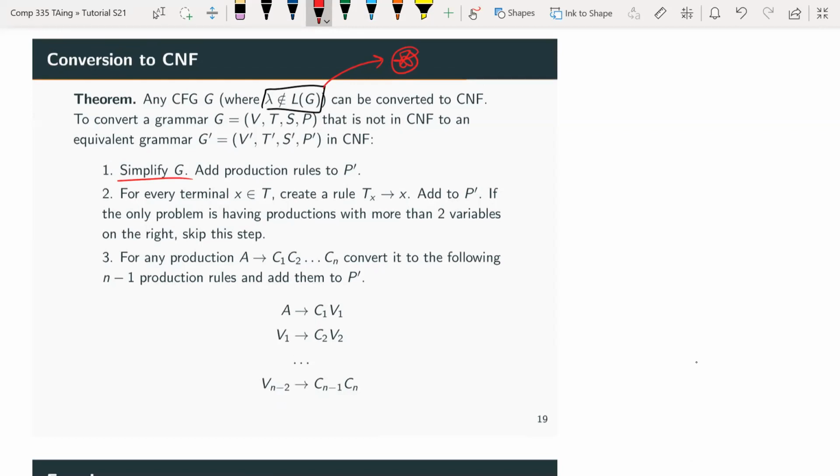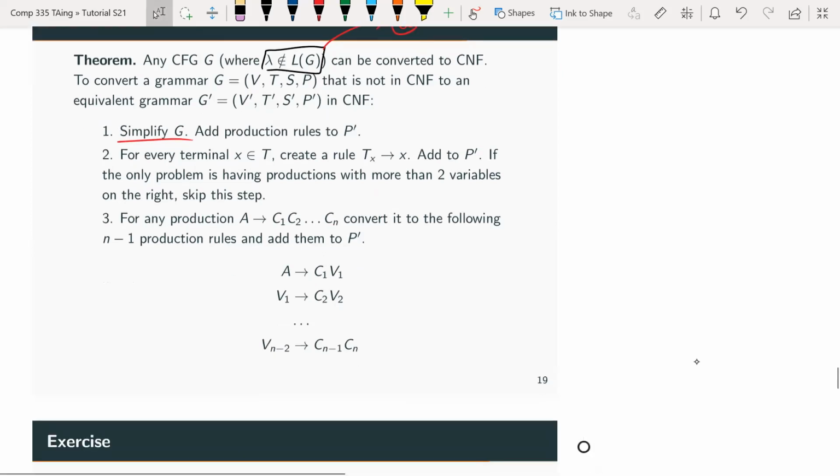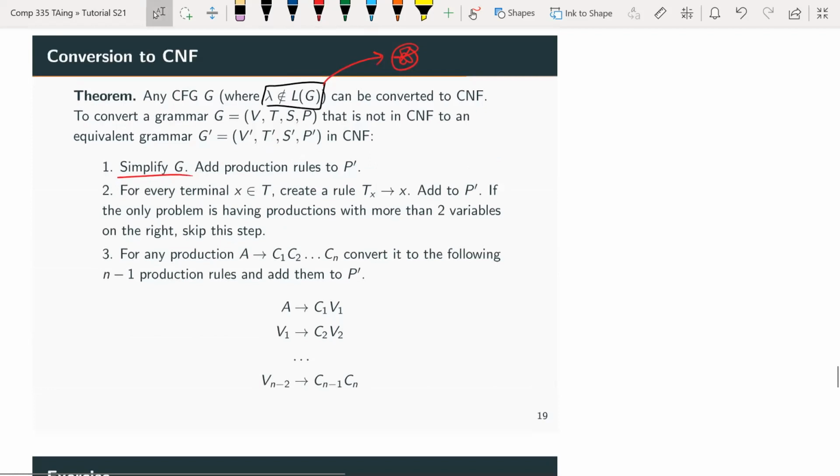And if you remember from removing lambda productions, if you remove lambda productions and lambda is in the language generated by G, then removing lambda productions is going to remove lambda from the language generated by G. So you should always check before you start the conversion algorithm that lambda is not in L of G. If it is, then remove lambda in your conversion step.